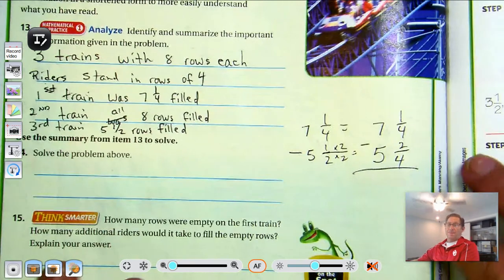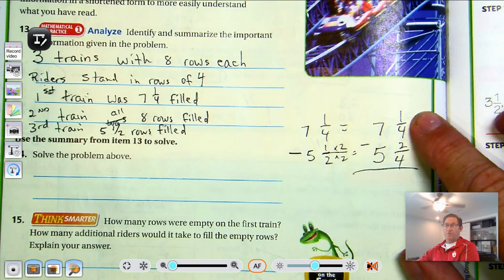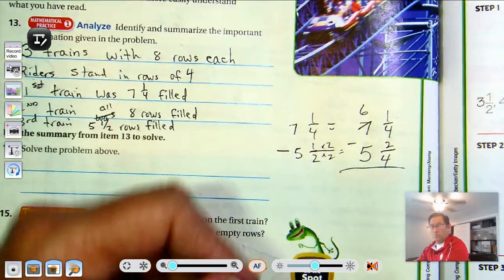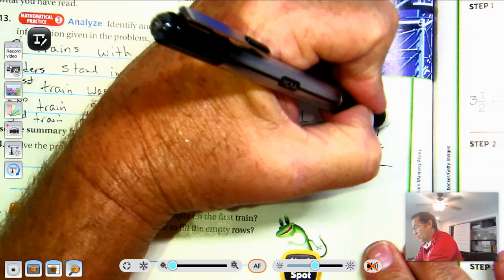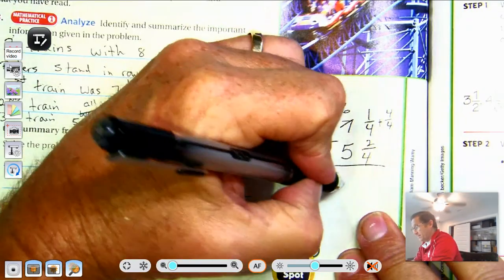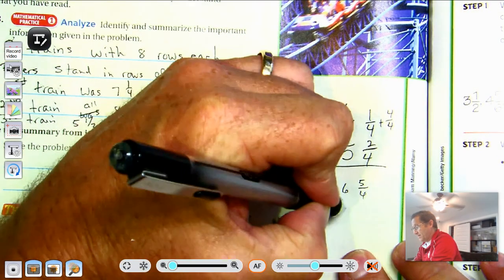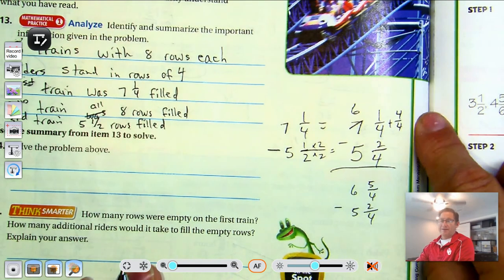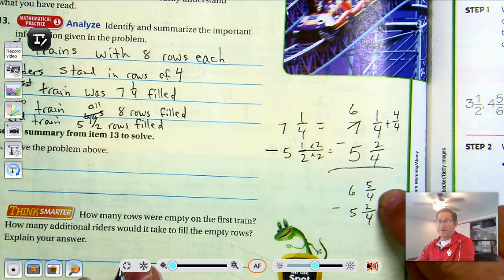Well, I can't take 2/4 from 1/4. So let's rename one of the wholes as 4/4. So we now have 6 5/4 minus 5 2/4. Okay, I didn't leave myself enough space there, so I just wrote it down here.